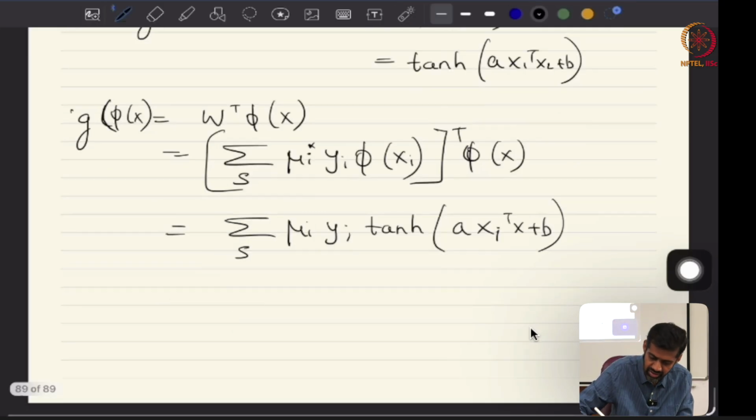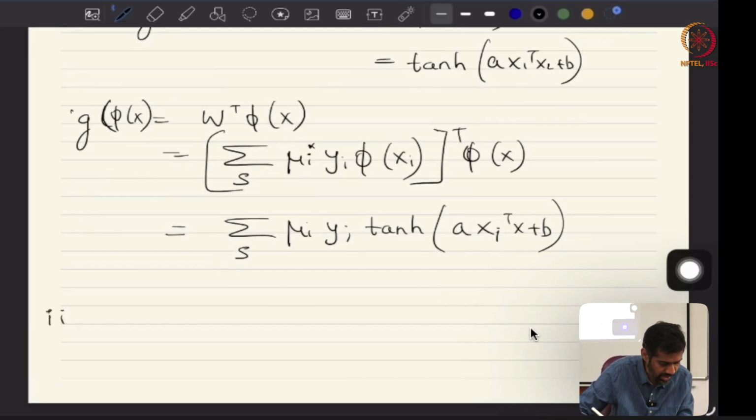Another kernel that is typically used in practice is the Gaussian kernel, which corresponds to projection of data onto an infinite dimensional space.